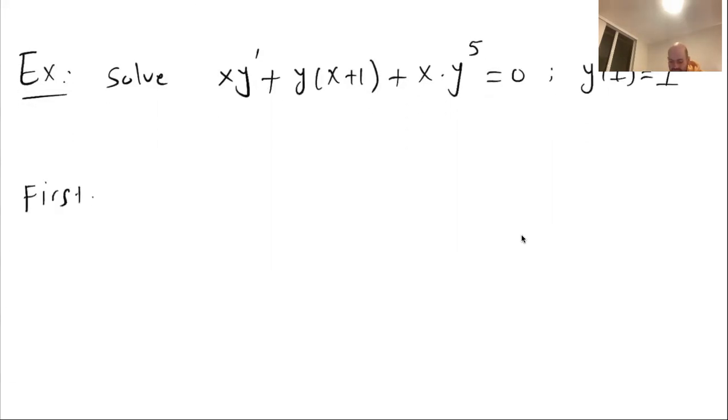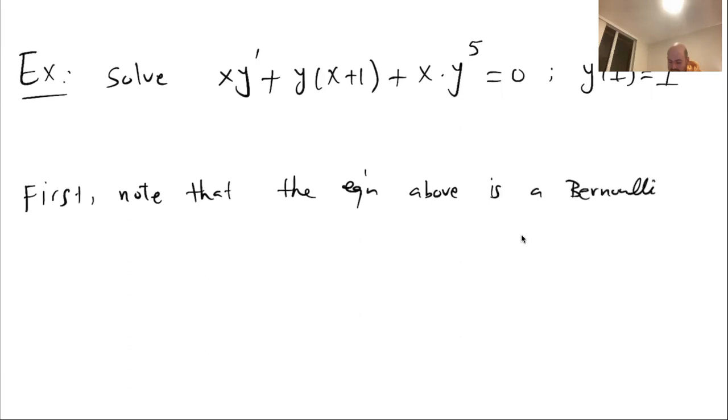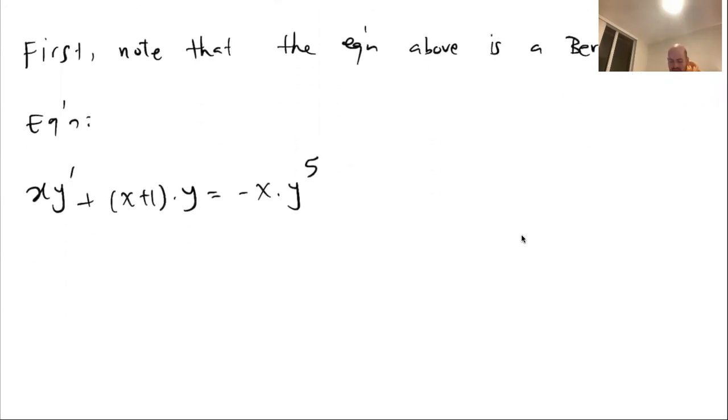So first, note that the equation above is a Bernoulli equation: xy prime plus x plus 1 times y equals minus x times y to power 5. And then I can divide both sides by x.